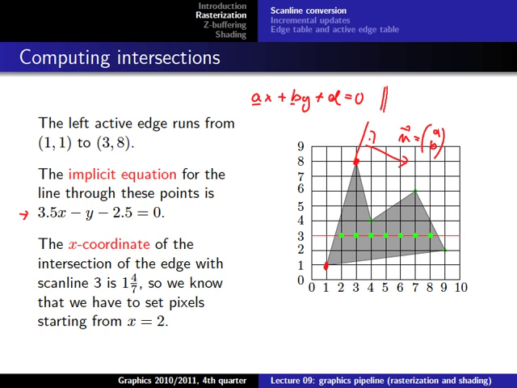In this case it's probably a little more intuitive to write it in the slope-intercept form, which is y equals mx plus, let's call it d dash, because it's a different d than here, in the same way as the m is different from the (a, b) here.